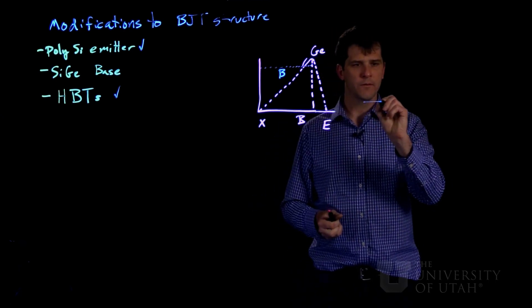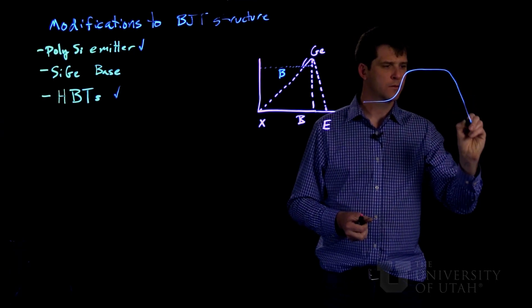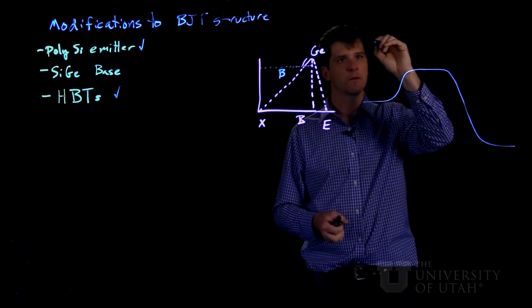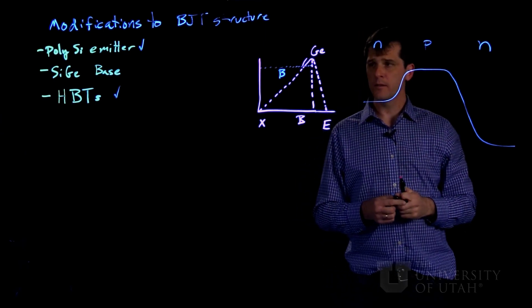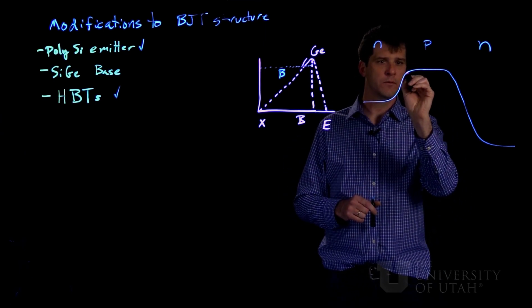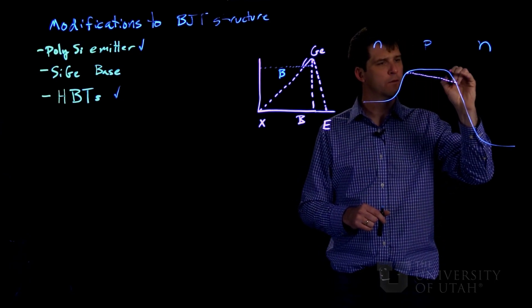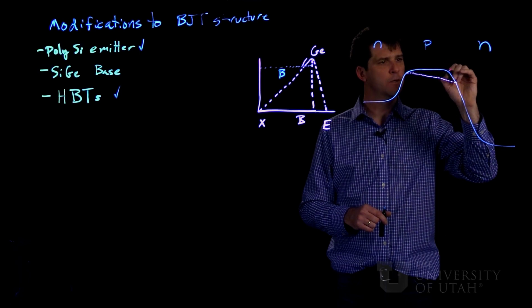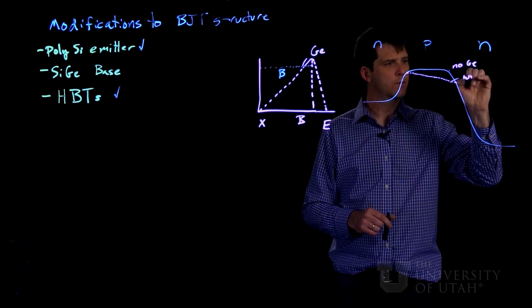Just looking at the conduction band here, because we'll again assume an NPN structure, the germanium will reduce the band gap versus distance. So the blue here is no germanium, the dashed is with.